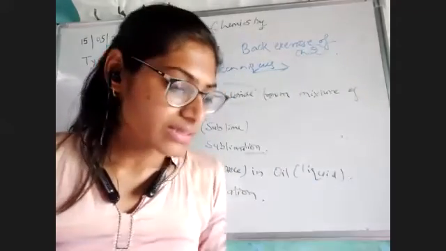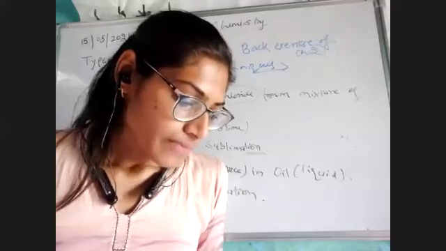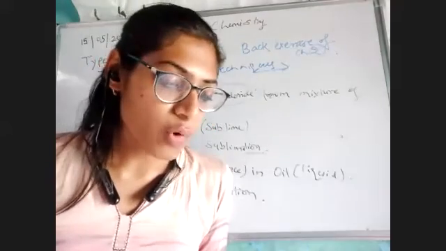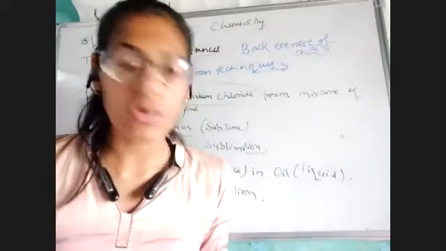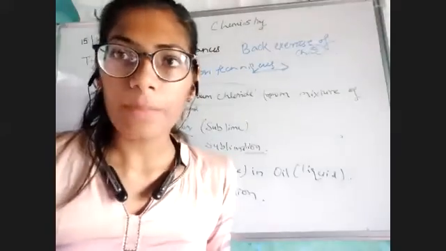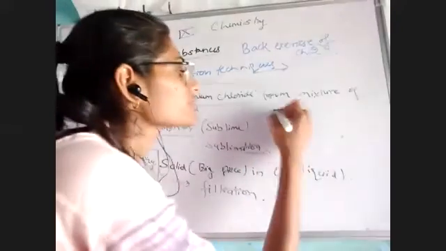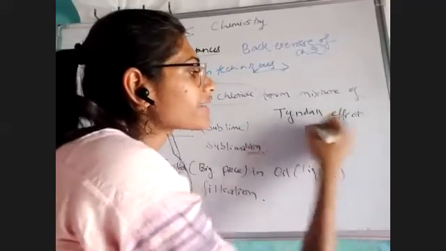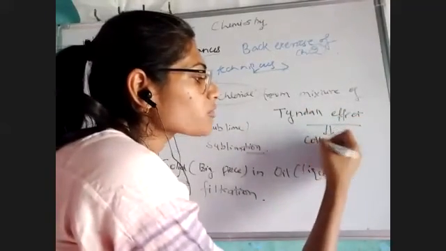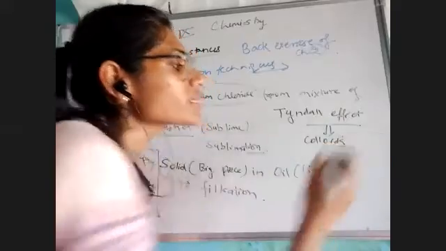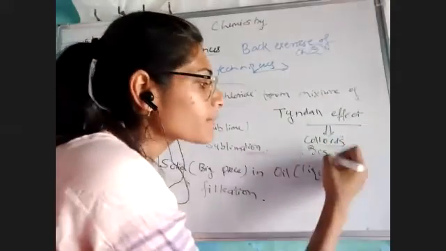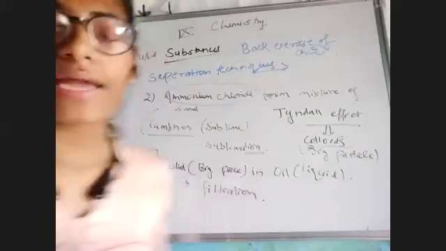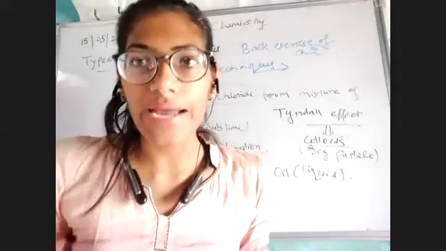Now there are so many good questions, but I'll go with question number 9, that is, which of the following will show the Tyndall effect? I'm just going to end this particular topic, and then we will take your doubts and queries. You know very well that the Tyndall effect is only shown by colloids, because they have bigger particles in size, and they can easily scatter the light beam.